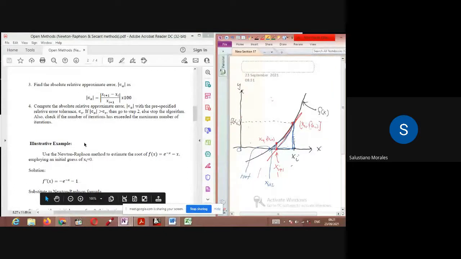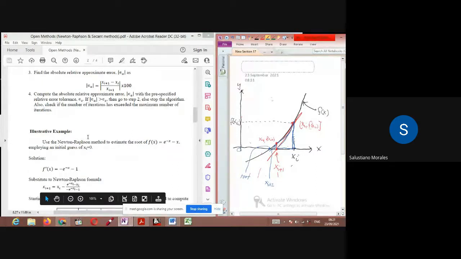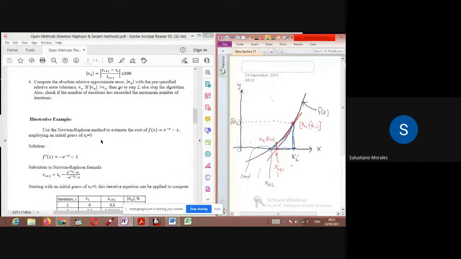So the same function as in the previous methods in the bracketing methods. So f sub x equal to e raised to negative x minus x. So again, we also use the same stopping criterion para ma-compare natin the number of iterations for every method.